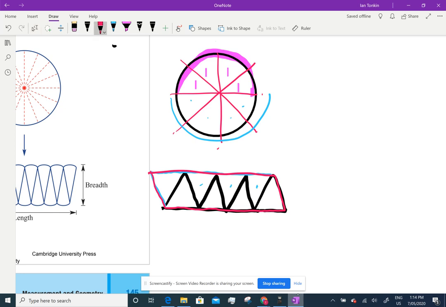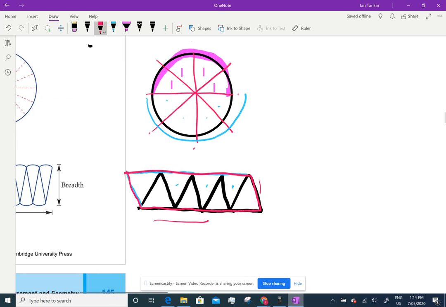Now, the area of a rectangle is base times height. So this distance times this distance. Well, this distance is half. Remember, it's only half the circle. And I know all the way around the circle is pi times d, or pi times 2r, pi times 2 times the radius.